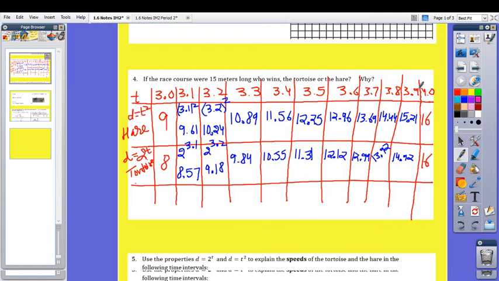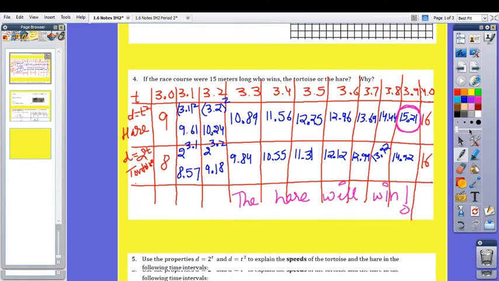But then when it was 3.9 seconds, the hare reached 15 meters first, while the tortoise was still a little bit behind at 14.92 meters. So because the hare reached the 15 meter mark first, the hare will win. Okay, so that's that.